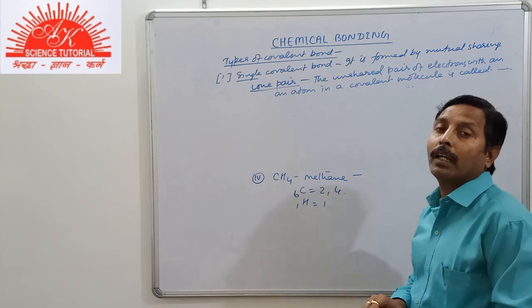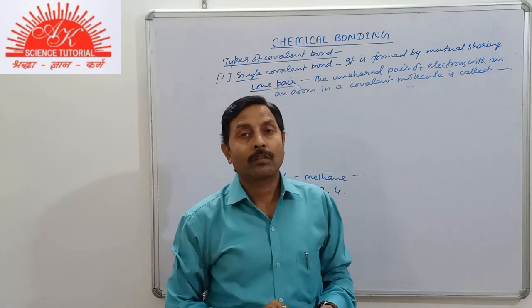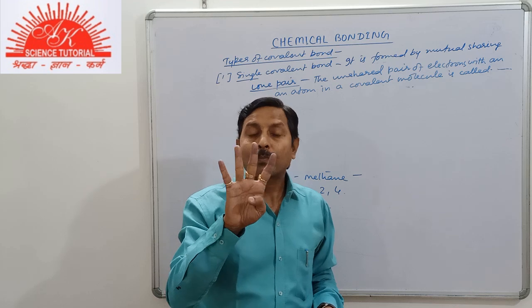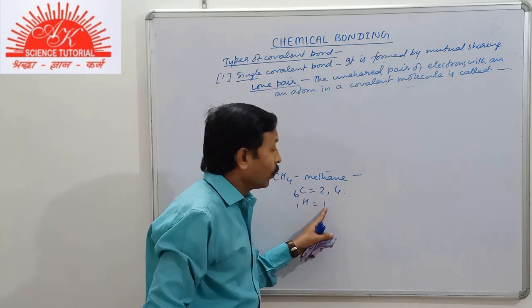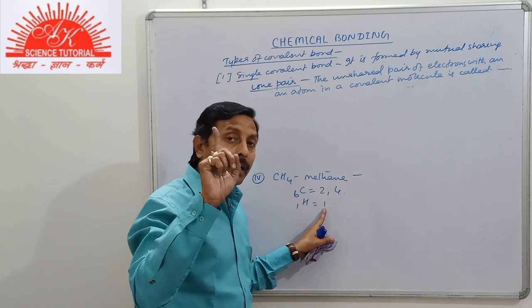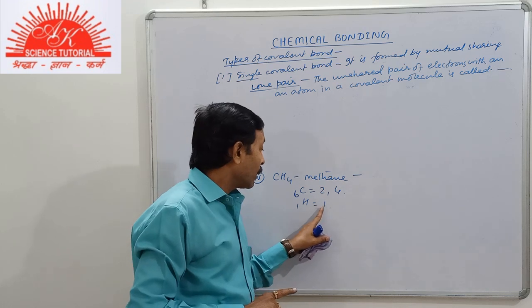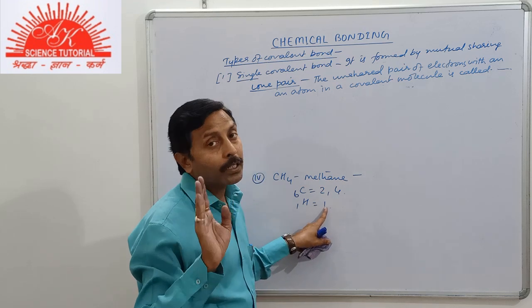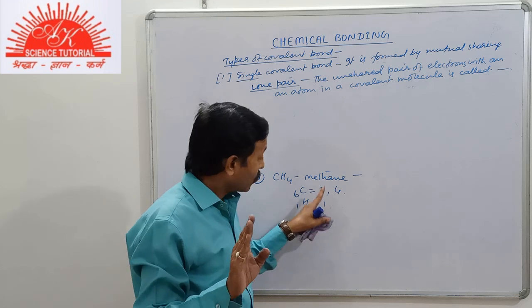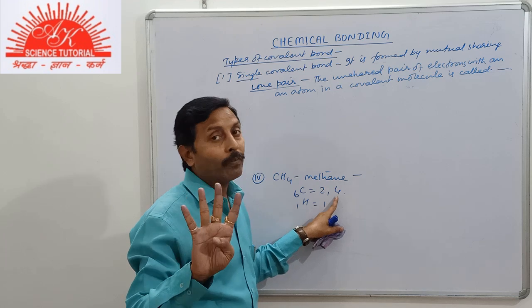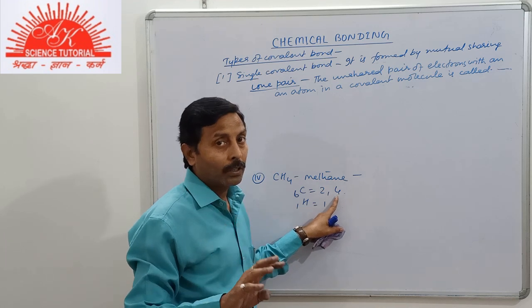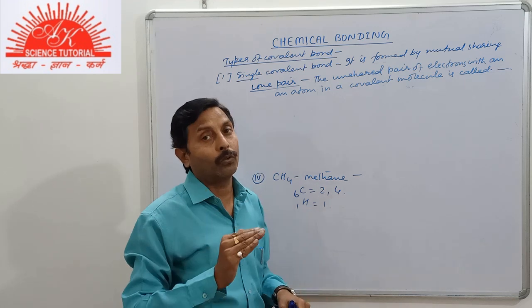Like, carbon has 4 valence electrons and it requires 4 more electrons, but one hydrogen can share only 1 electron because it requires 1 electron to complete its duplet. So again remember, carbon requires 4 more electrons because it has a valence electron of 4.